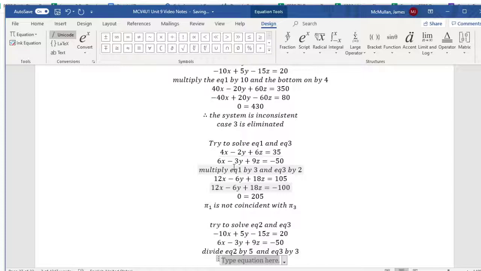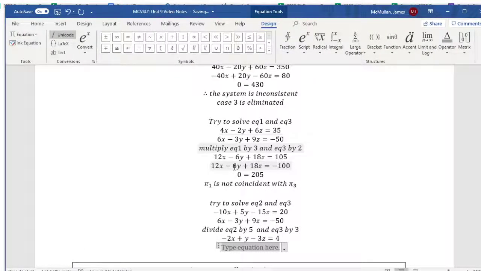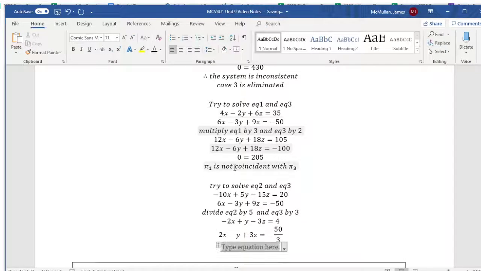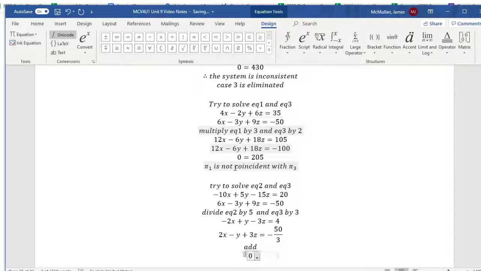Okay, so we divide the top one by 5. You get negative 2x plus y minus 3z equals 4. Divide the second one by 3, you get 2x minus y plus 3z equals negative 50 over 3. And then what we can do is add, and we get 0 equals negative 38 over 3.